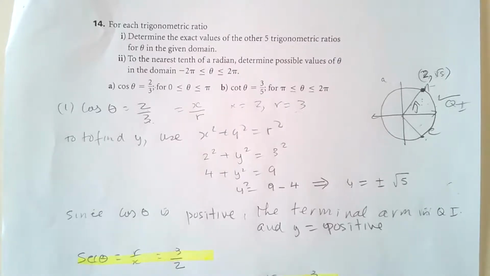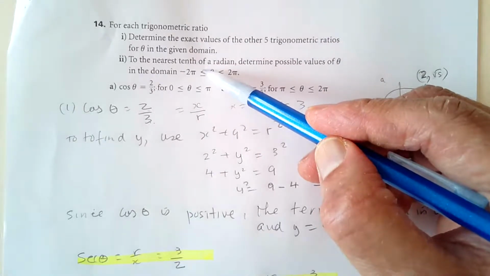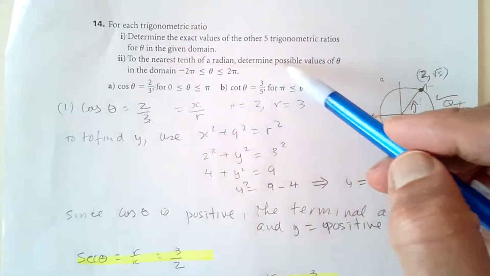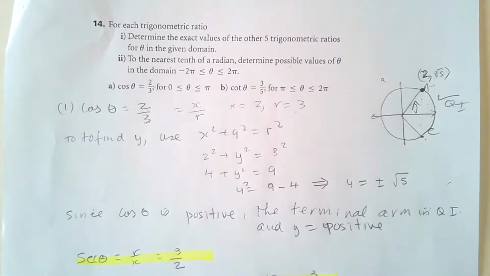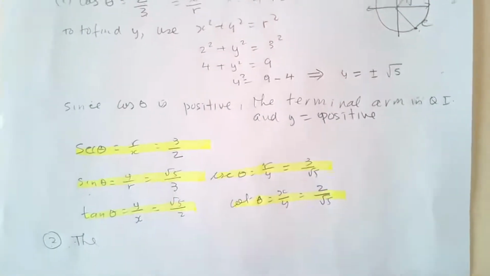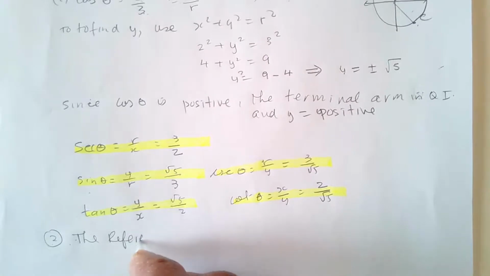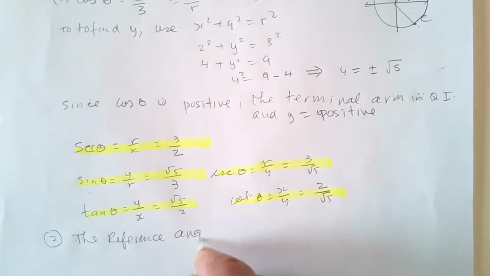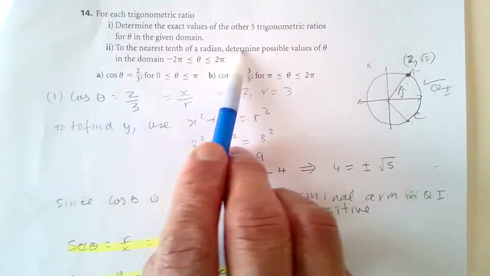So let's do the value now. To the nearest tenth of a radian, determine the possible values of theta in the domain. So let's find a reference angle here.